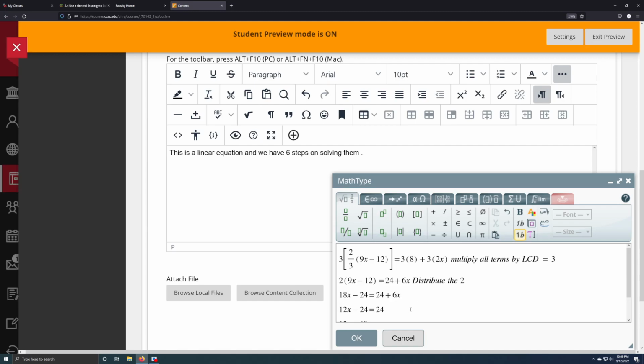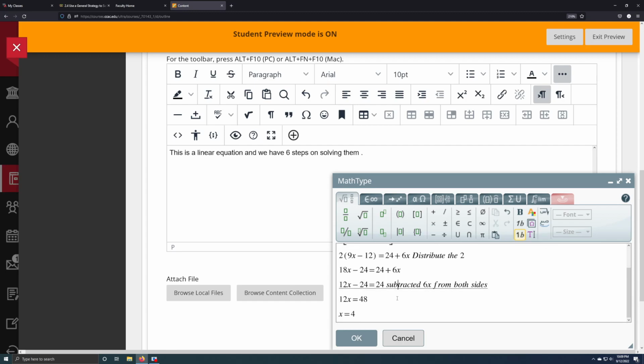But then down here, you could say something along the lines of subtracted 6x from both sides. Next. Oh, sorry.